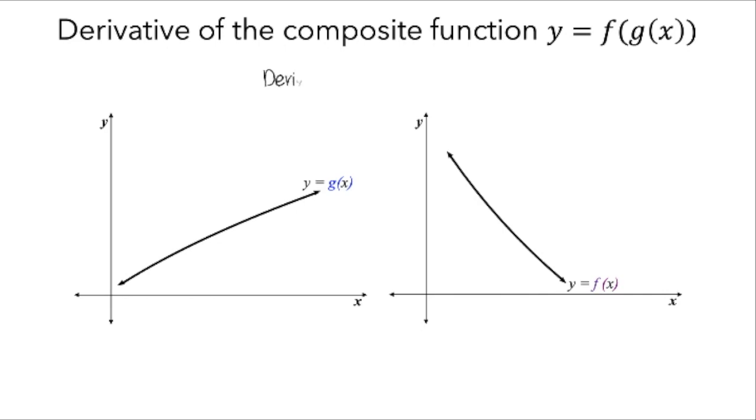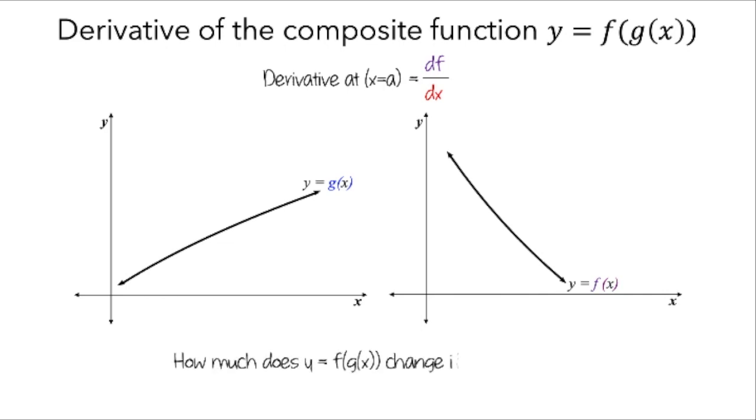We know that the derivative of a function at a value x equals a is equal to the ratio of small change in f to the corresponding small change in x. So we want to know how much the output of the composite function changes as the input changes by the really small amount, dx.